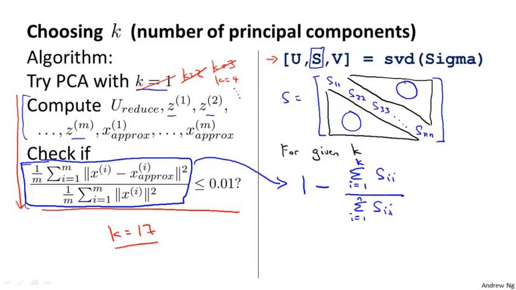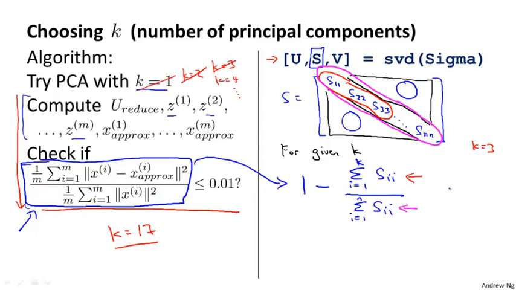To say that in words, if k equals 3, let's say, to compute the numerator we sum from i equals 1 through 3 of Sii, just the sum of these first 3 elements. And for the denominator, that's the sum of all of these diagonal entries. And 1 minus the ratio gives me this quantity that I've circled in blue.